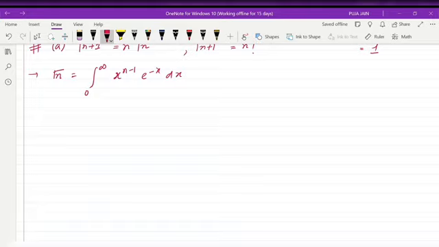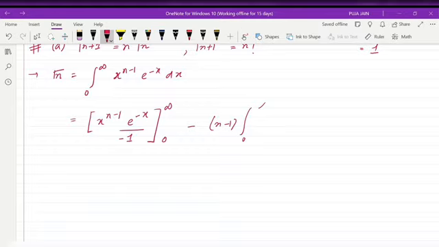Now if we integrate it by parts, we will get x to the power n minus 1 times e to the minus x over minus 1, with limits 0 to infinity, minus the integral of n minus 1 x to the power n minus 2 times the integral of e to the minus x. We differentiate the first function and integrate the second function. This is integration by parts, where this is u and this is v, and we solve in this way.